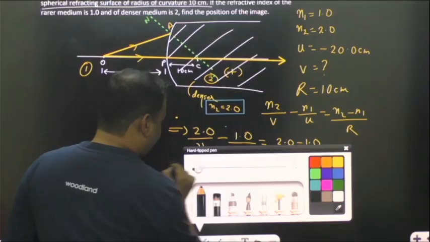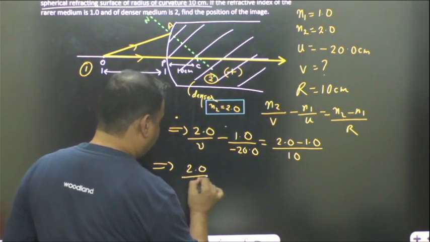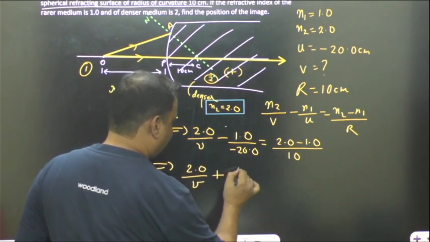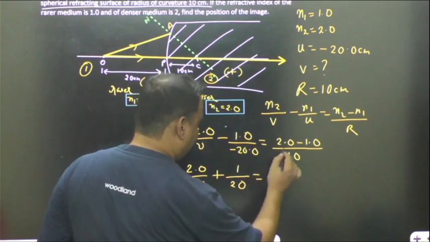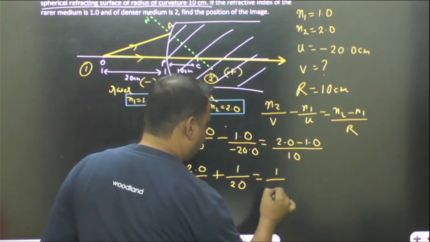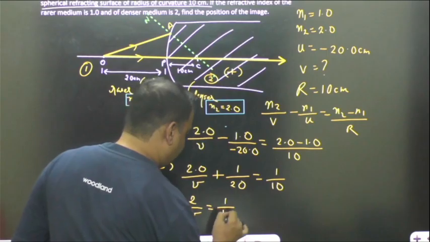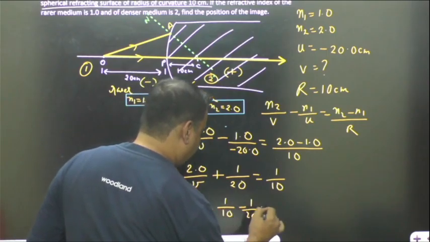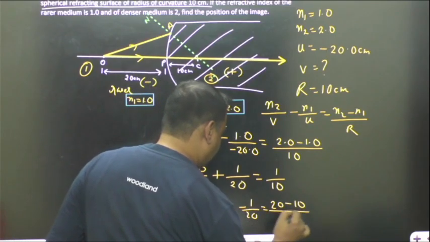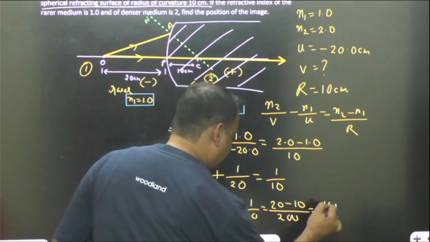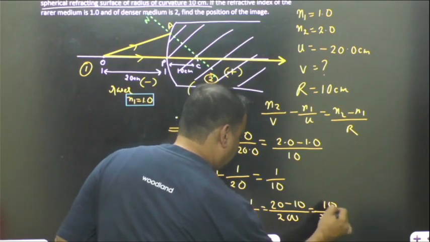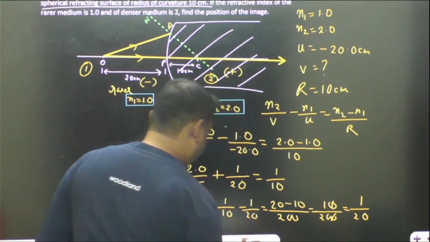So you will get 2 by V minus minus will be plus 1 by 20 is equal to 2 minus 1 over 10. So I'll get 2 by V is equal to 1 by 10 minus 1 by 20, that is 20 minus 10 divided by 200, that is 10 by 200, that is 1 by 20, isn't it?